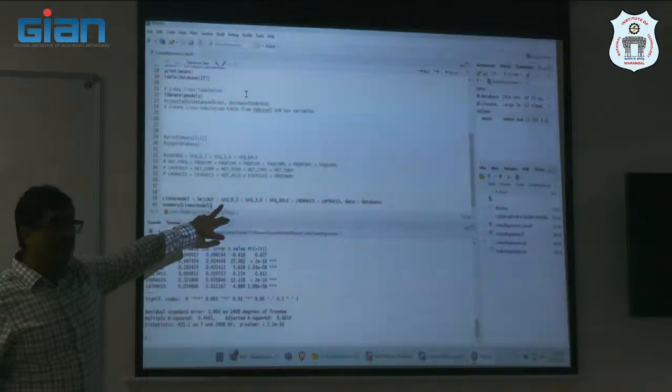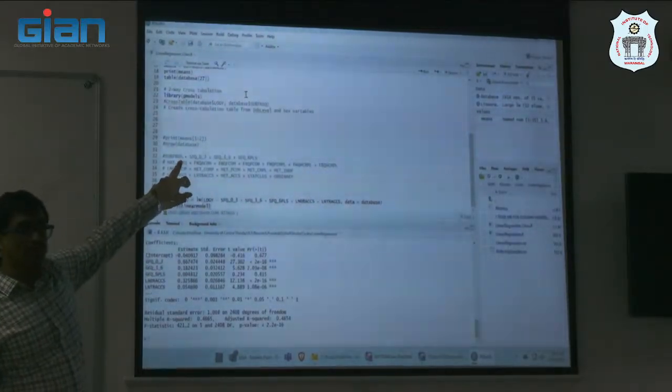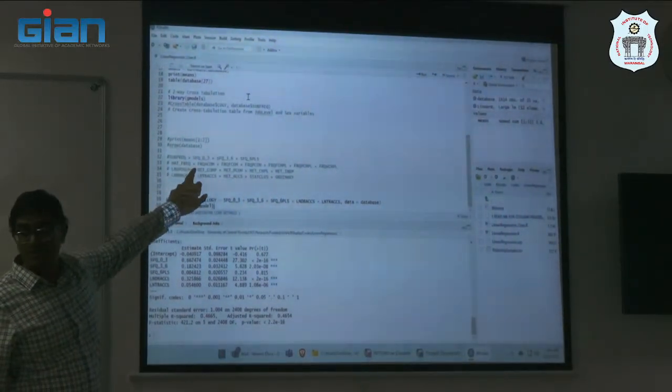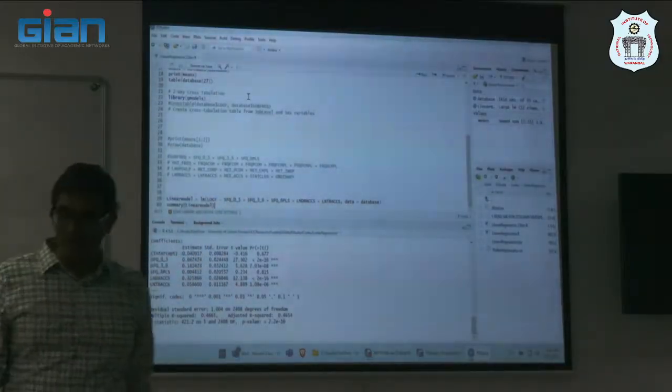We are trying to specify the model. I already placed all the variables in your data set here. You can just copy from here and put them in when you are trying to specify the model.